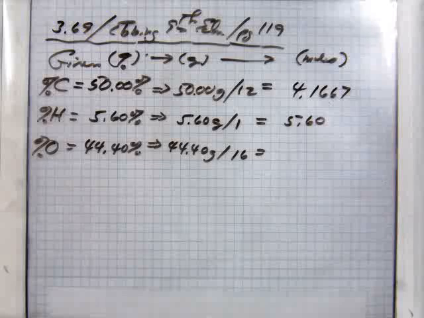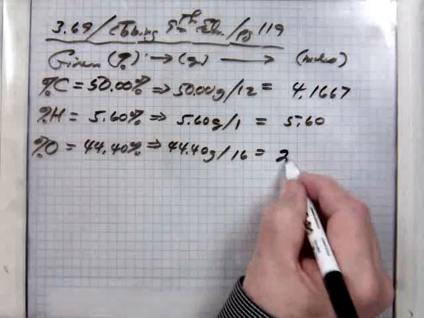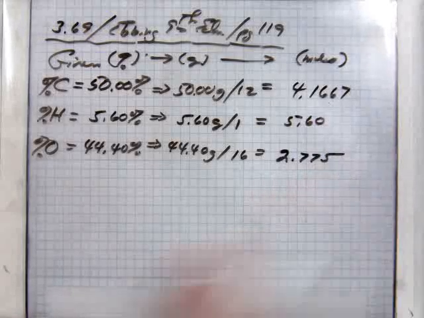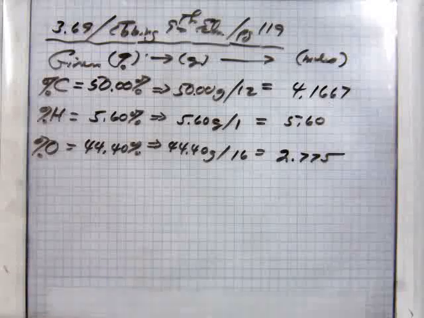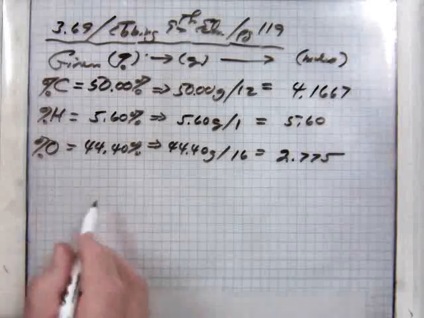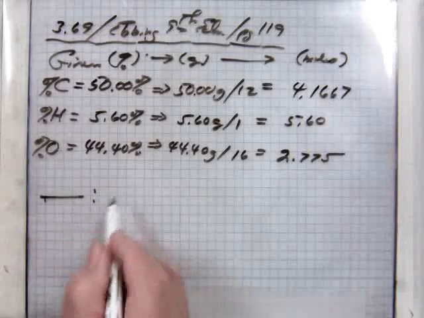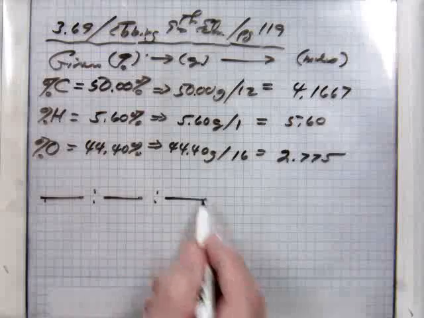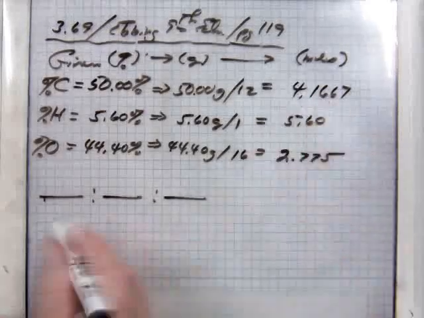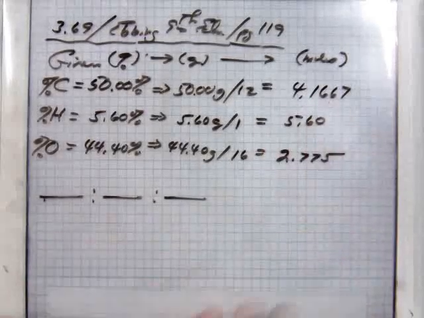And I get 2.775. So this is a 3-component formula. So you want the 3 lines like that. Put your moles on top and divide by the smallest of the set.